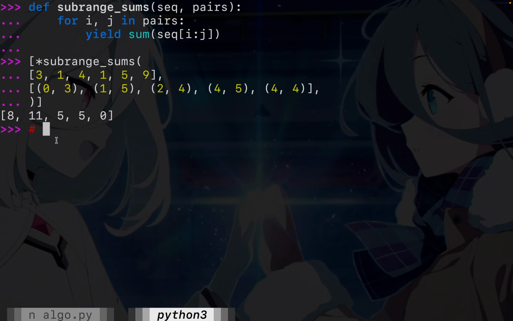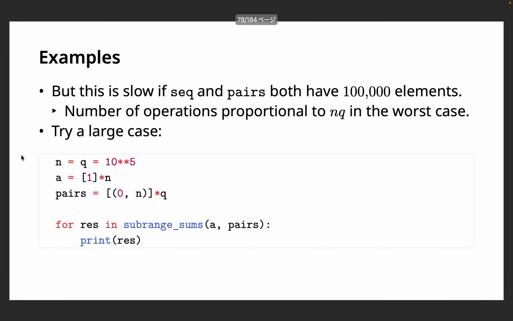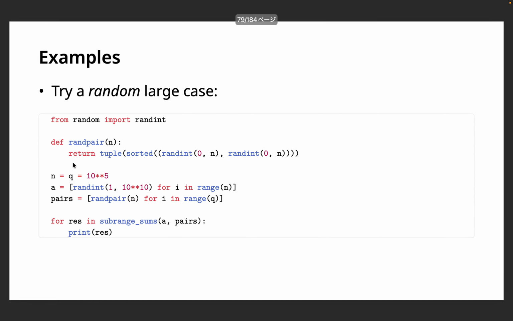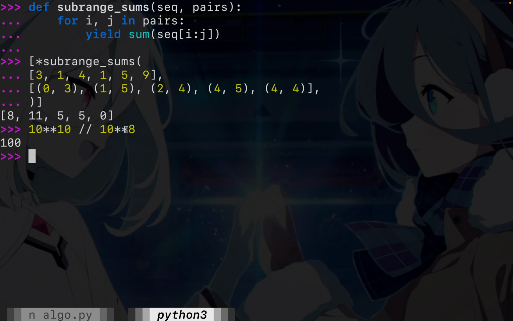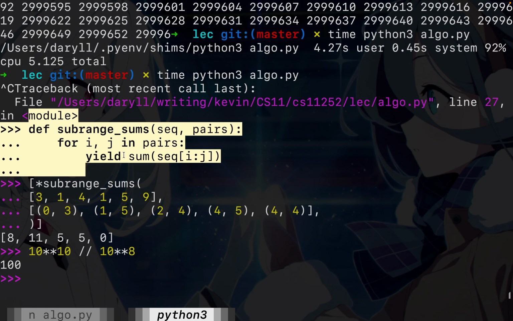Depending on how large n and q are, if n and q are around 100,000, then n times q is going to be 10 raised to 10. So 10 raised to 10 divided by 10 raised to 8, this is 100 seconds. So that's pretty slow. This is how you make that explicitly. If you try to make a large case like this, you will see that your function here is going to be slow.